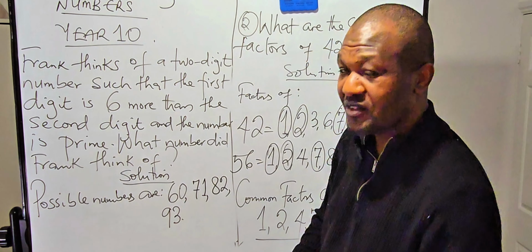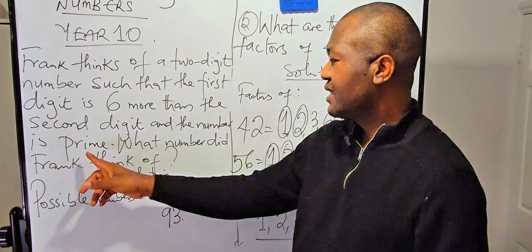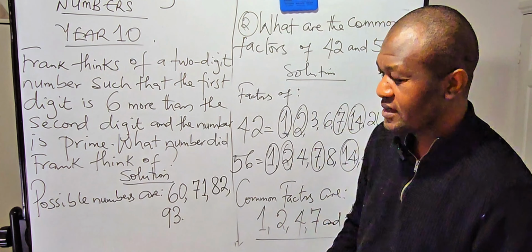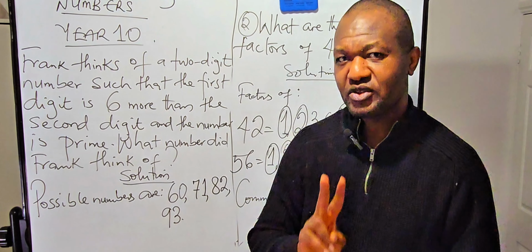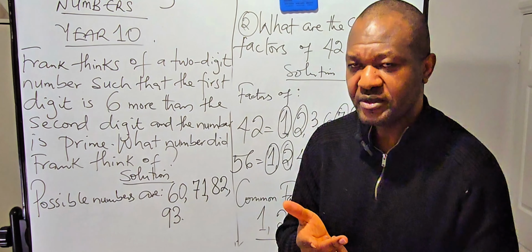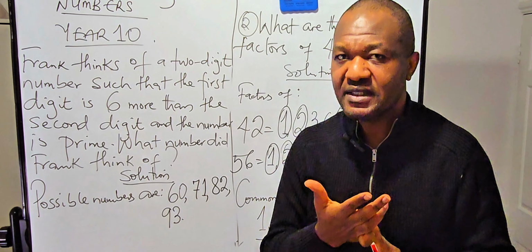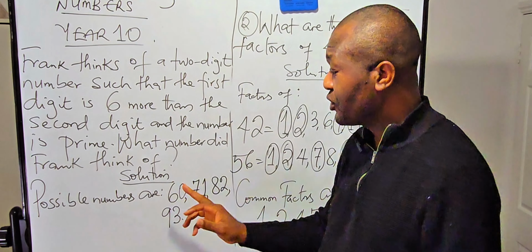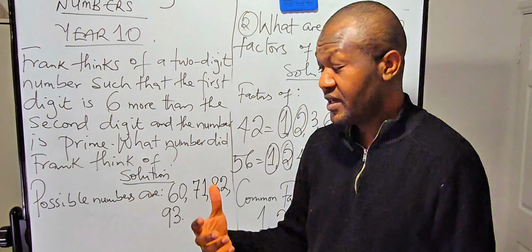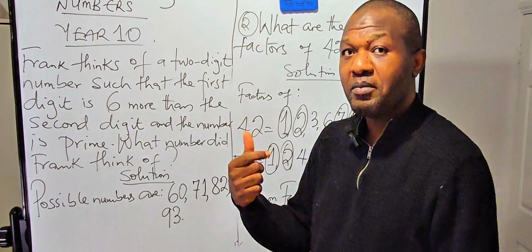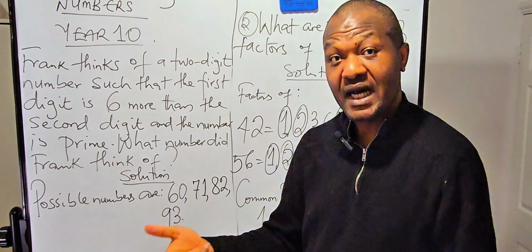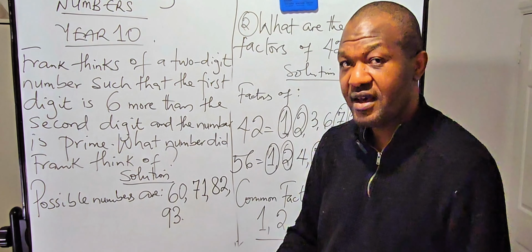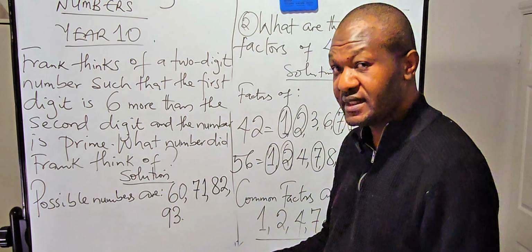Then the second part of the question that is tricky says the number that Frank is thinking of is prime. What are prime numbers? Prime numbers have only 2 factors, itself and 1. No other number can divide it without a remainder except itself and 1. When you go to 60, 60 can divide itself, 1 can divide 60, but 60 also has other factors, which are 2, 3, 10, 5, 6, even 30, 15.